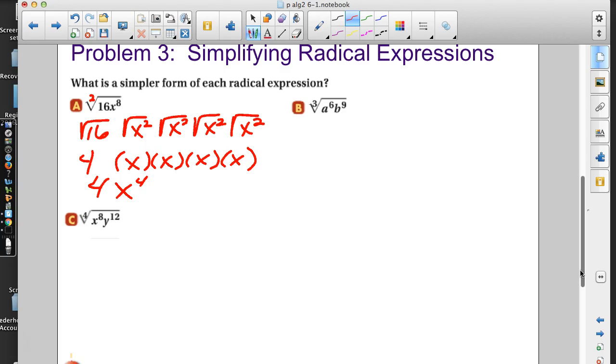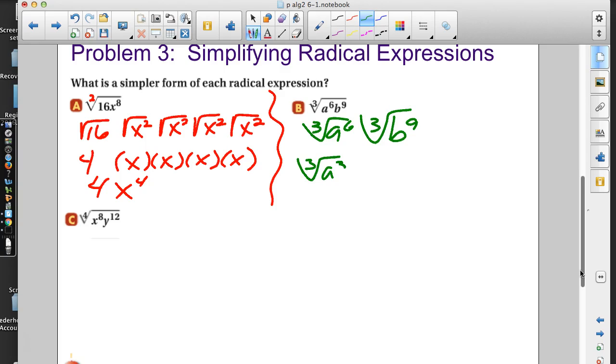So let's go to B. Cube root. Okay. I need the cube root of a to the 6th, and I need the cube root of b to the 9th. Notice how I'm just separating those, so I'm just working with the a's and just working with the b's. Well, now I'd want to break them up into groups of 3. So the cube root and cube are canceling each other out. So cube root of a to the 3rd, cube root of a to the 3rd, 3 and 3 makes 6.